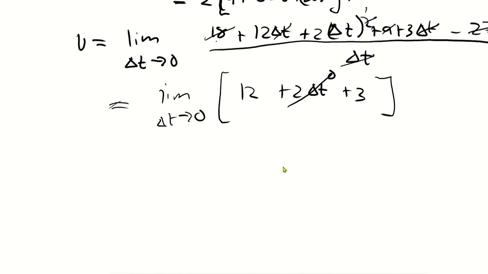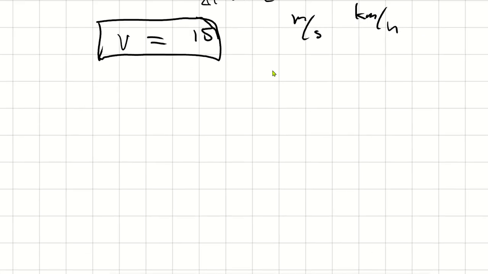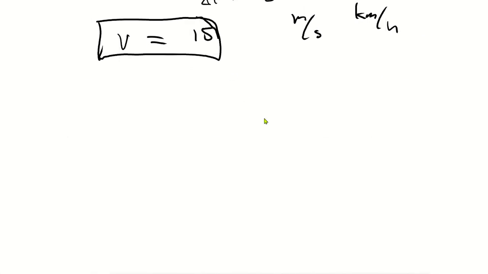So what will be the velocity at t equals 3? Velocity will be 12 plus 3, and that is 15. The unit can be meters per second, kilometers per hour, miles per hour, and so on. Let's take the next example.